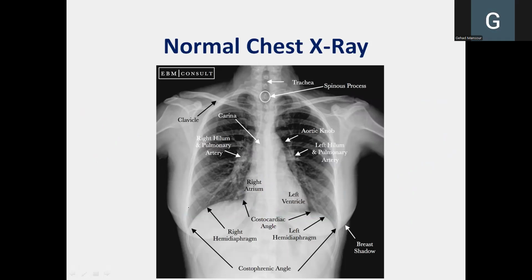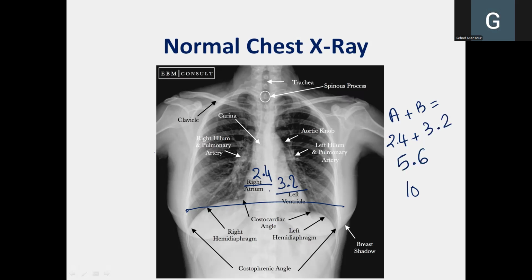So if the largest transverse diameter of the chest is 10, say, for example, that this would be 2.4 and this would be 3.2. So when you sum up A and B, you would find 2.4 plus 3.2, which is 5.6. 5.6 is the transverse diameter of the heart. 10 is the largest transverse diameter of the chest cavity.